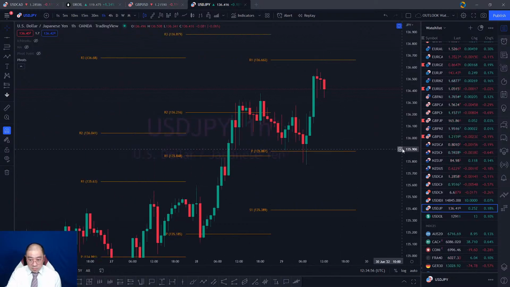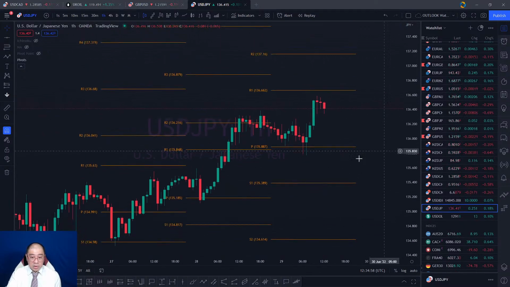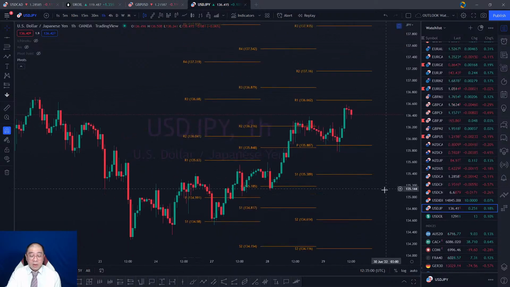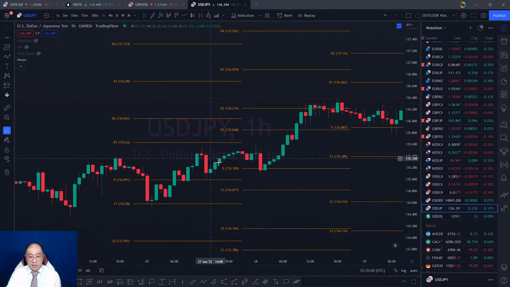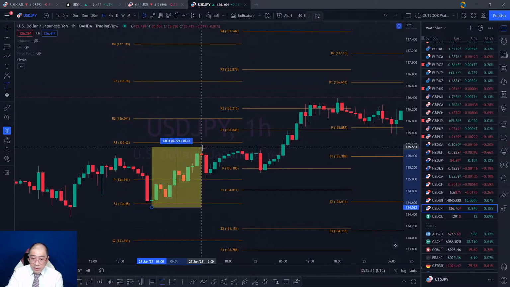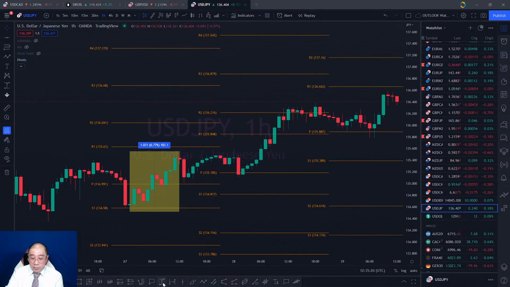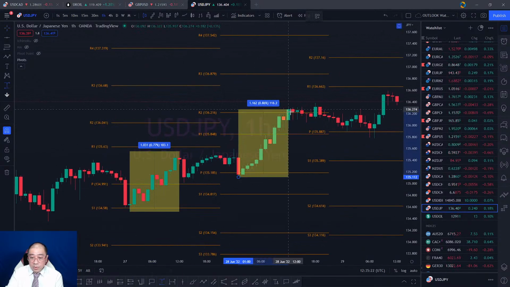If I zoom out, it's actually more like flat, and then it spikes up, it comes back down, spikes up. If you take a look at the range, it's not a normal market condition for dollar yen. Overall, for any yen pairs, I don't think it's a normal market range.